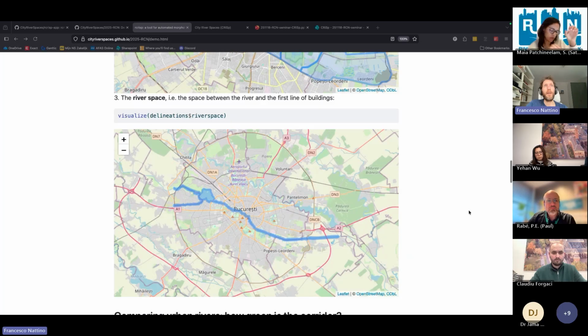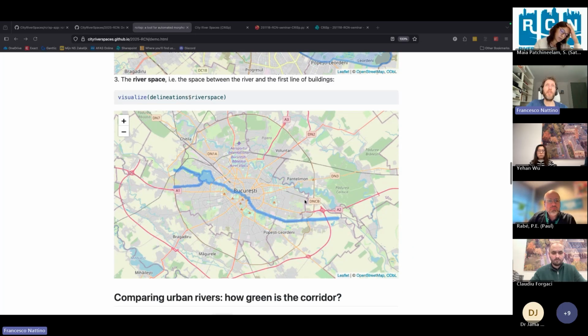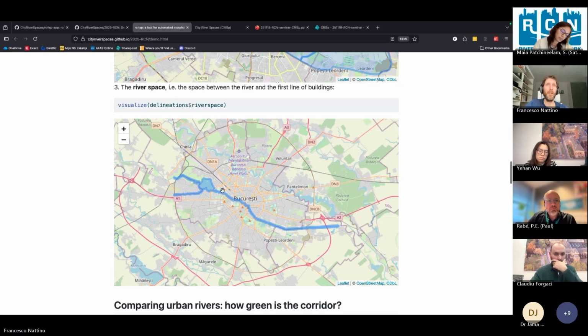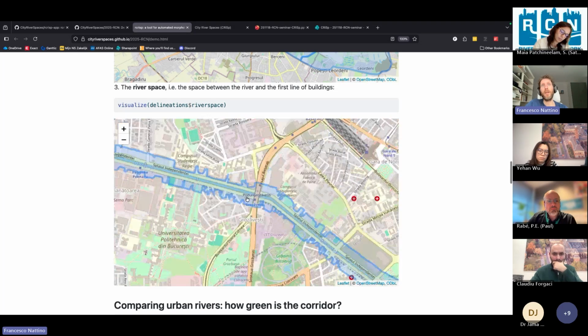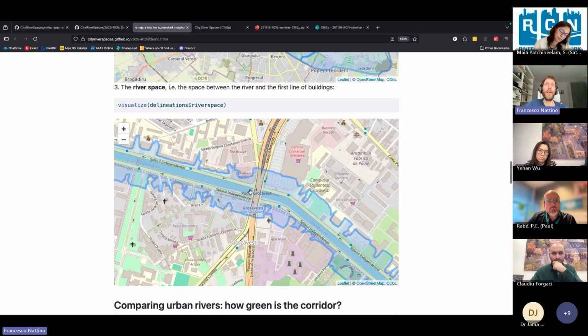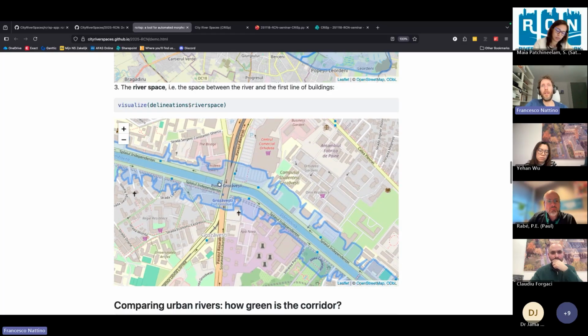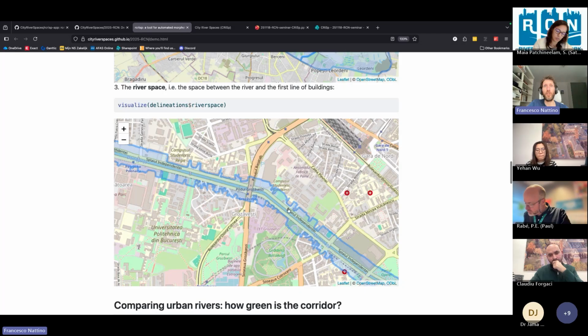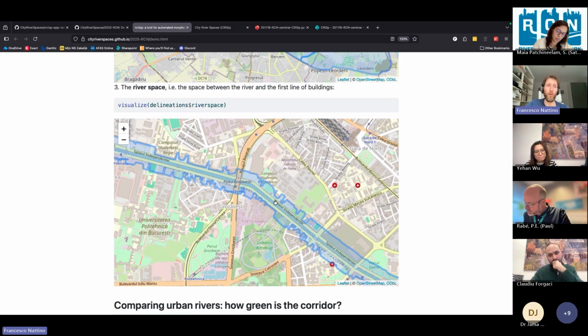The last layer of the delineation is the river space, which is the space included between the river and the first line of buildings. Let me zoom in to have a closer look at how this looks. You see, this is really the geometry or the area that surrounds the river and which is bounded by the first row of buildings that are facing the river.